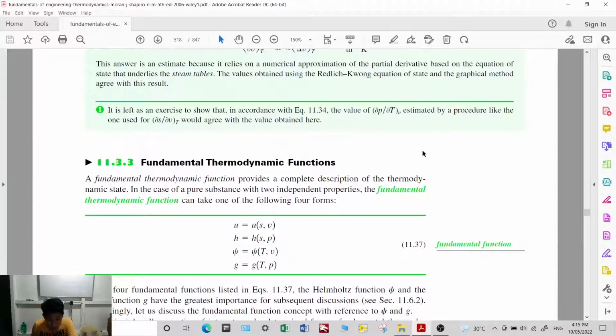This one, by the way, we have not yet reached our objective, which is to get equations for entropy, enthalpy, and internal energy.